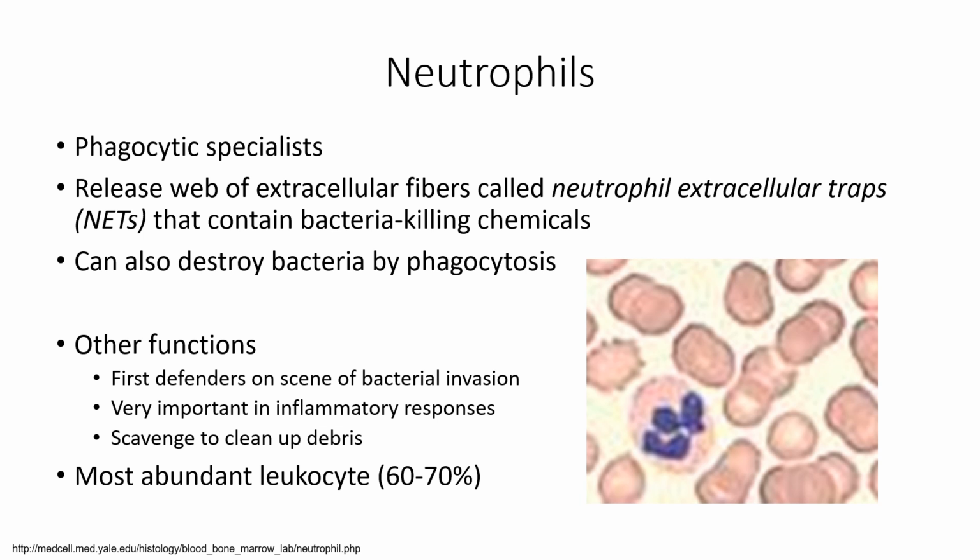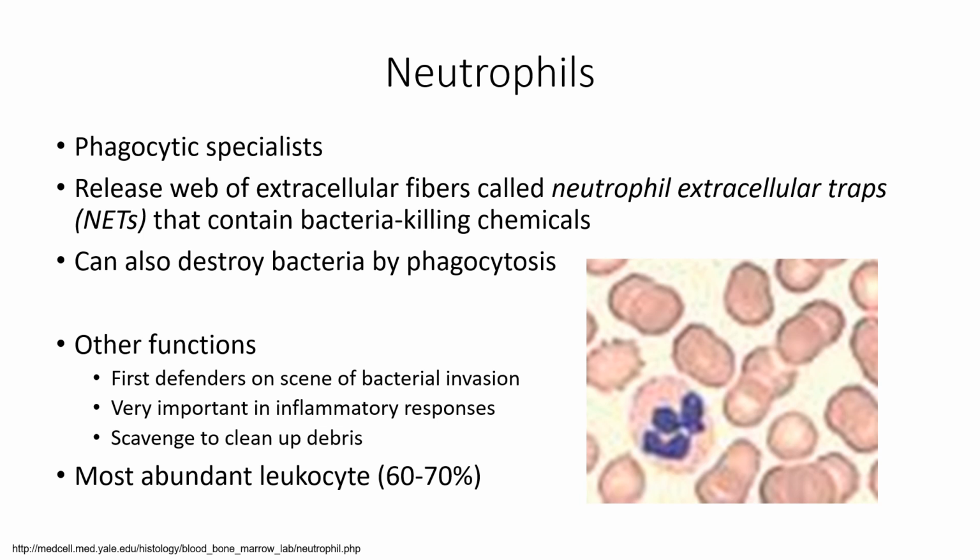So neutrophils are our phagocytic specialists. They will release a web of extracellular fibers called neutrophil extracellular traps or nets that contain bacteria-killing chemicals. So they kill by releasing this web of extracellular fibers that contain bacteria-killing chemicals.